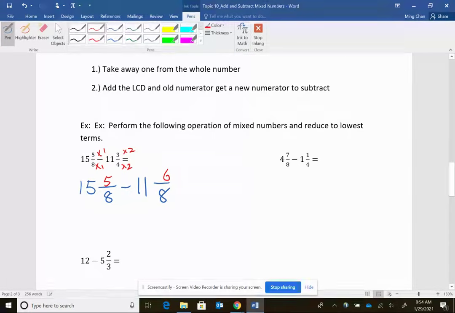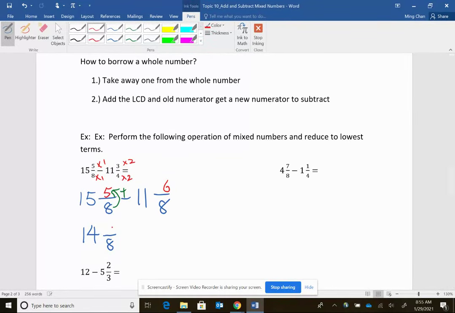So before you subtract, let's look. 5 is not enough to subtract 6, right? So we got to borrow. Borrow means take 1 away from the whole number. So now I got 14. LCD still 8. Add the LCD 8 to the old numerator 5, and I get a new numerator 13.